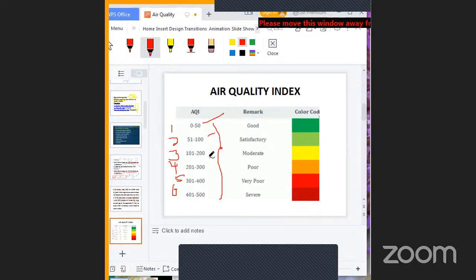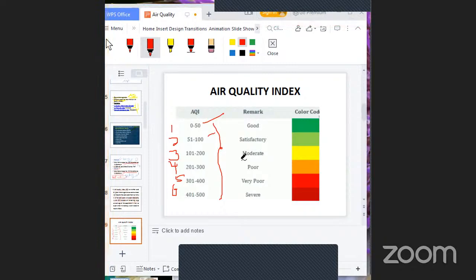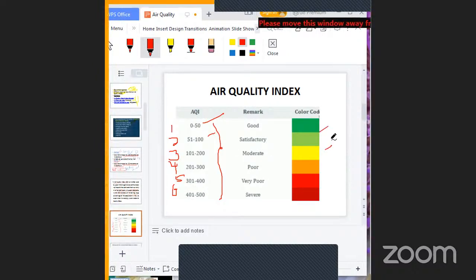The air quality index will throw up one number which will be given to the public, and people will know, based on this number and the associated color code, what the health of their air is and how good or bad their air quality is. That is easily understood by common people, right? Now let us see this categorization.